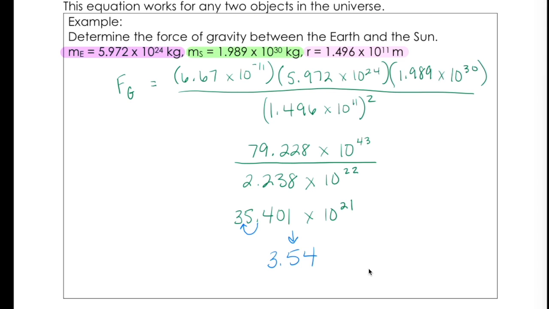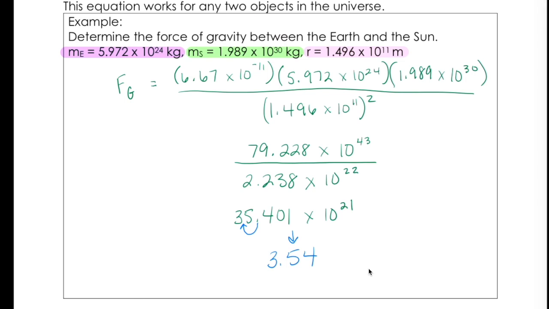I'm looking at your work to see that you're actually setting up the equations properly. So this part up here is more important to me than your answer down here. I'm looking to see, did you plug in everything in the correct place? Did you set it up so that you have it squared and all of that? Because that's the important part. I'm not so concerned with your calculator work.